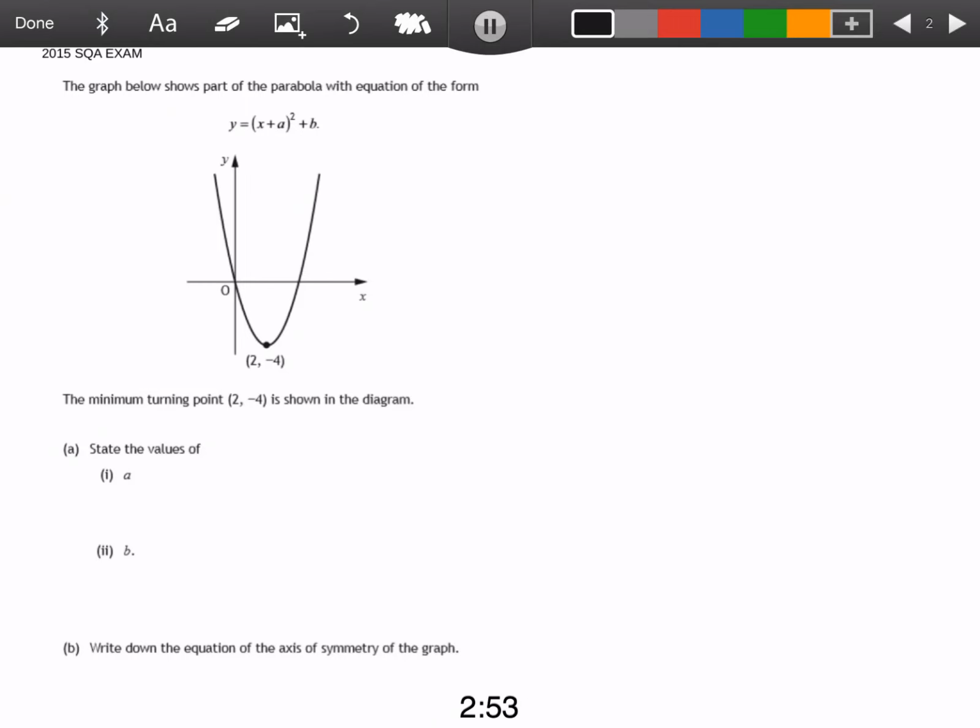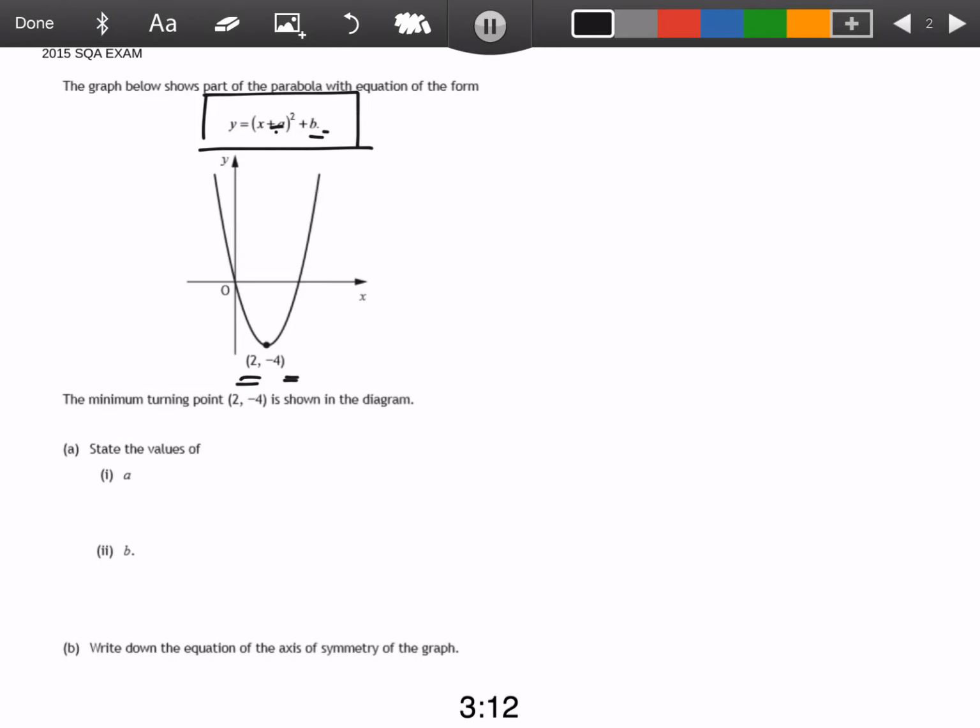Right, these type of graphs, the minimum turning point shown in the diagram is 2, negative 4. These are the graphs that look like that in terms of the equation. The a value is something to do with the x coordinate. The b value is something to do with the y coordinate.